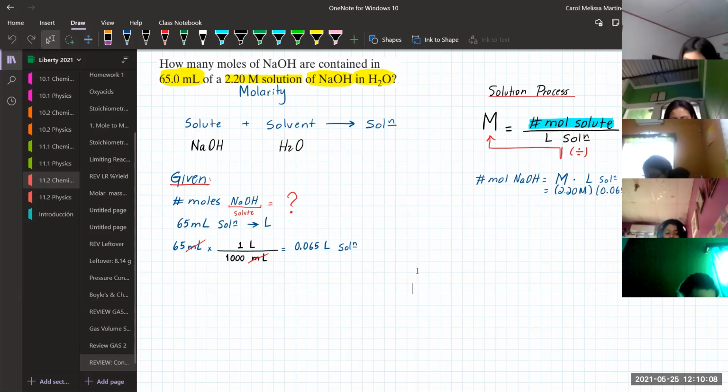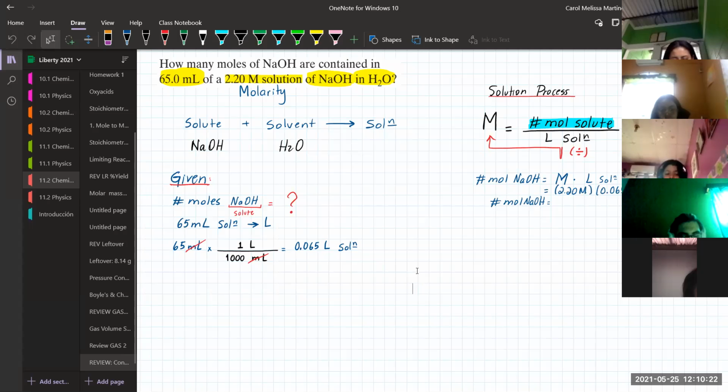So how many moles are those? 0.143. Okay, and these are moles of sodium hydroxide. And voila, that's it.